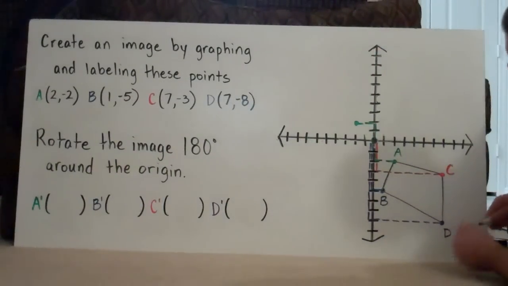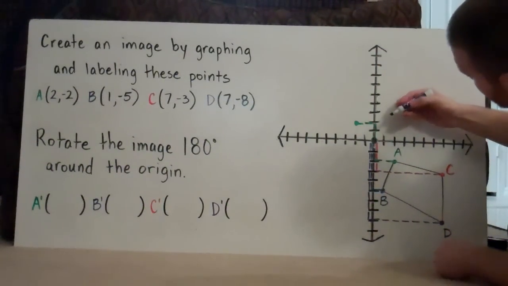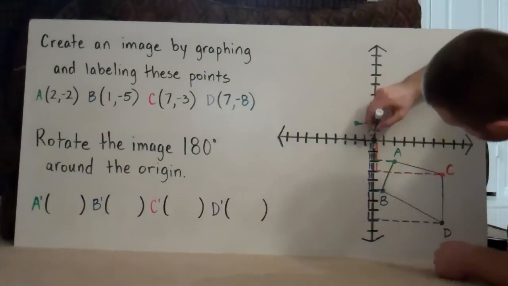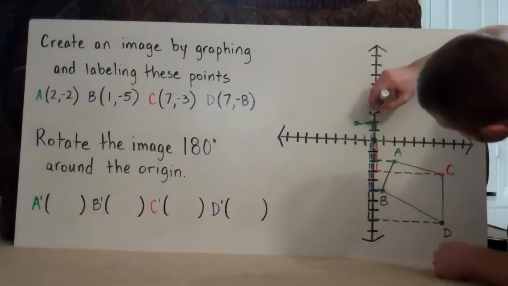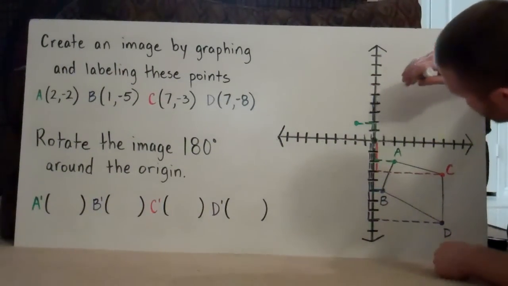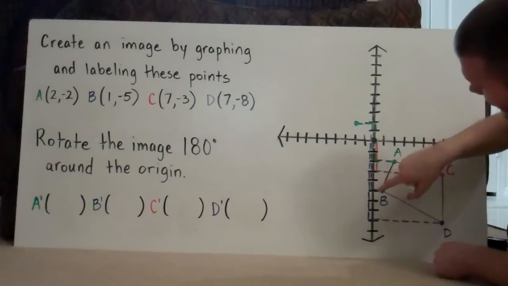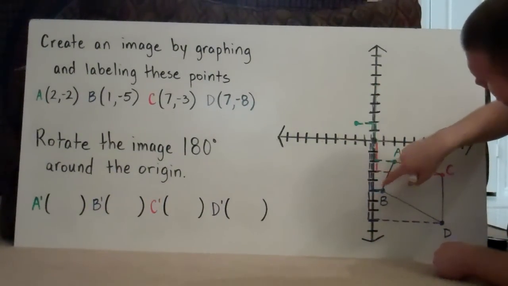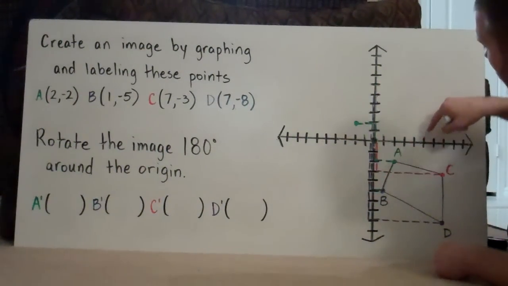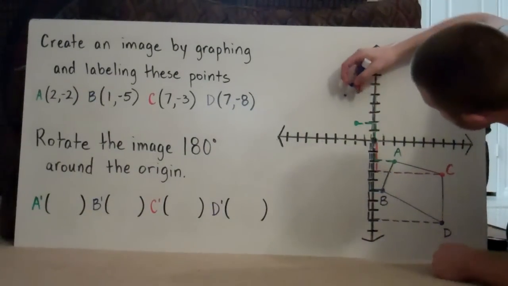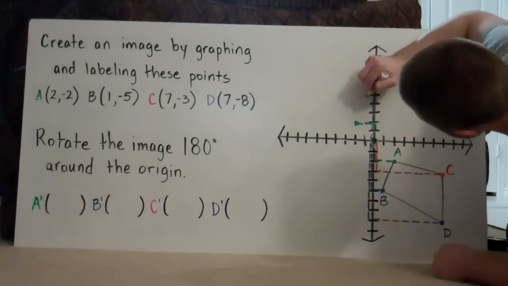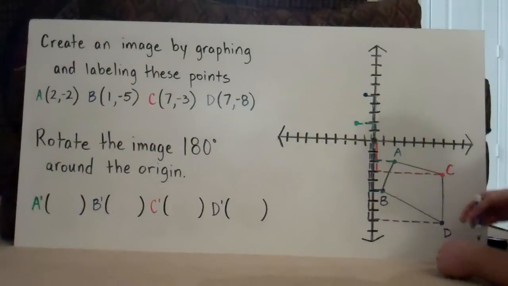Right there. So that'll be up 1, 2, 3, 4, 5, because it's 5 long, right? And it's hooking 1, so this way, 1 unit. Alright, there's B prime.